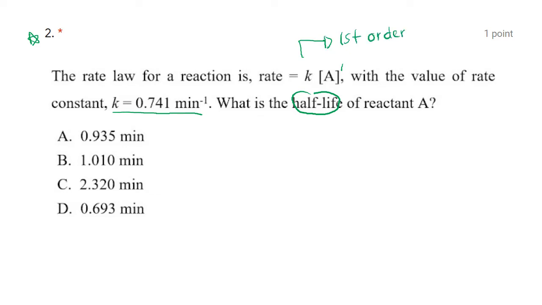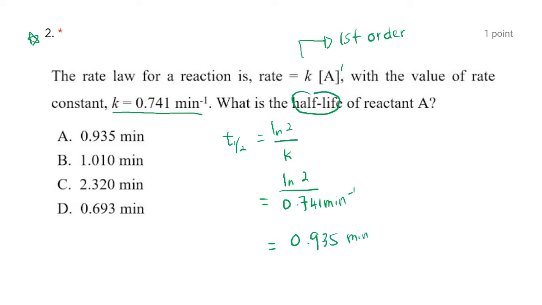So the formula of half-life for first order is ln 2 over K. So we substitute the value of K into the formula, which is 0.741 per minute. So press the calculator, you will get the answer 0.935 minute. So A.